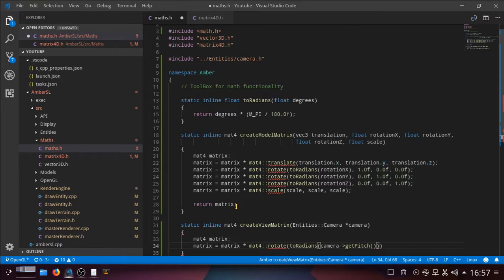And that will affect the x-axis. So the pitch rotates around the x-axis, which is pitch up and down. Yeah, that's right. So that's okay. Rotating around the x-axis, so that's 1.0f, 0.0f, 0.0f. There we go.